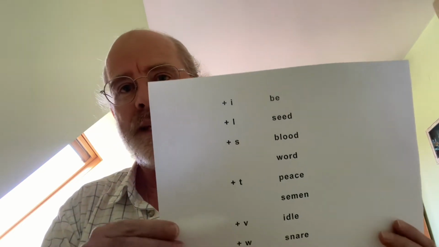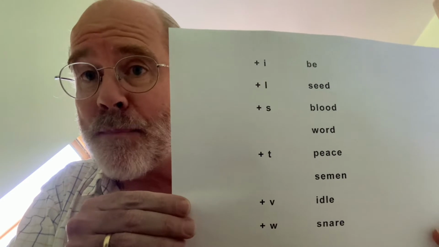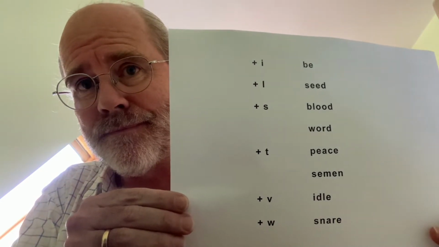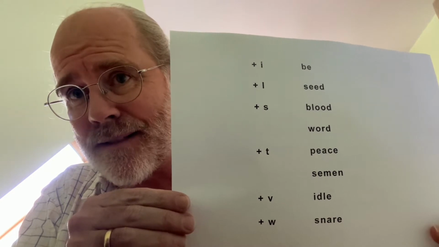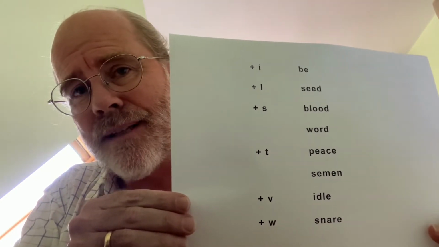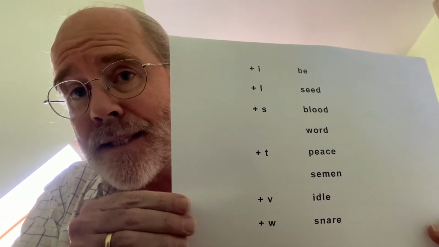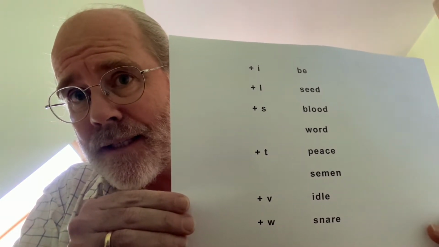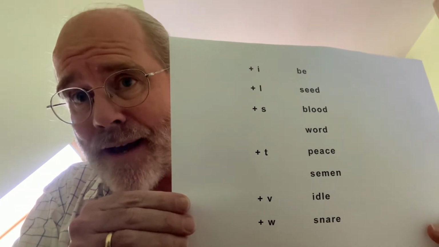Well, let us start with the addition of the letter I. And I have the verb be. Now, if I turn the letter B of the verb be back to front and insert the I in the middle, I will get die.